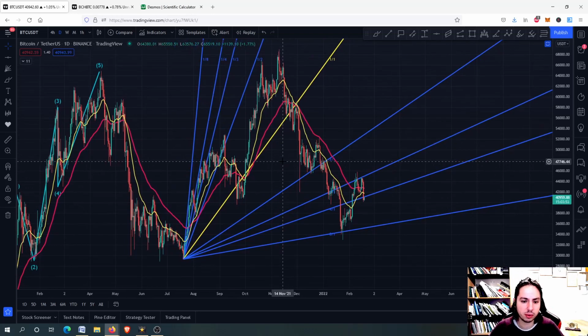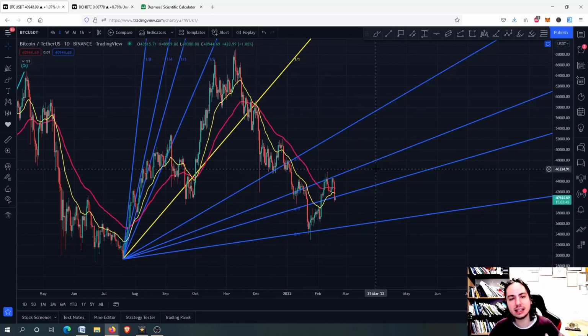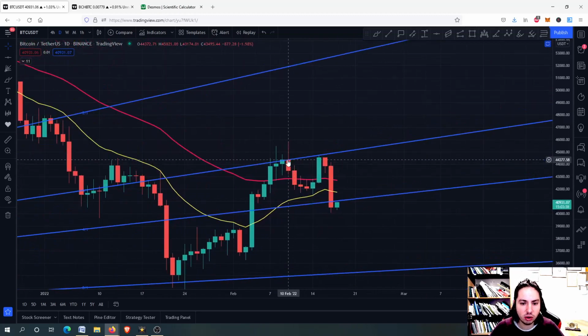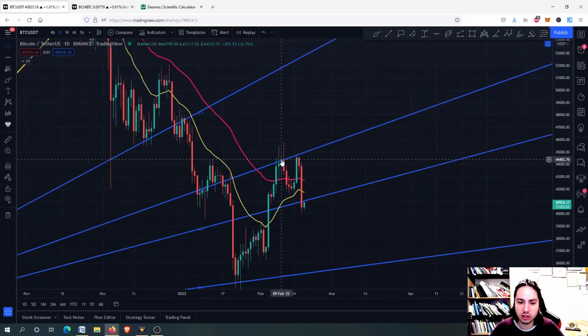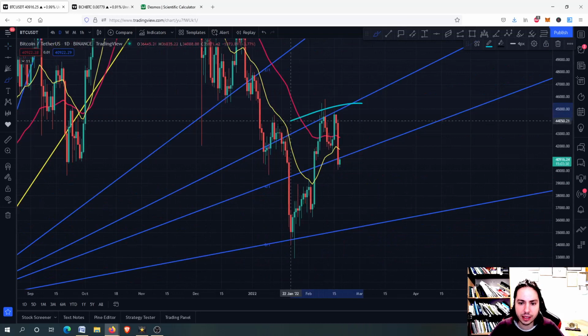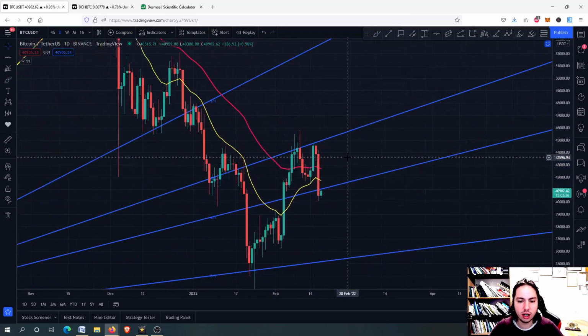Right now, what we want to see here is that I have squared the chart from 20 July back to this top on 10 November, and I had some important resistance and support levels. You can see what is happening. We found resistance on the 3-1 Gann fan line. This line right here is the 3-1 Gann fan line: 3 units of price per 1 unit of time.